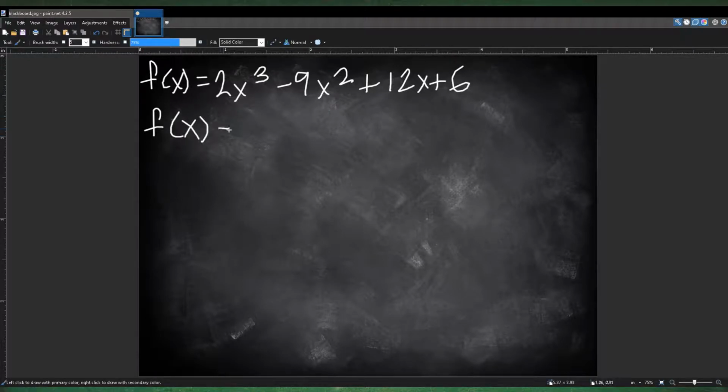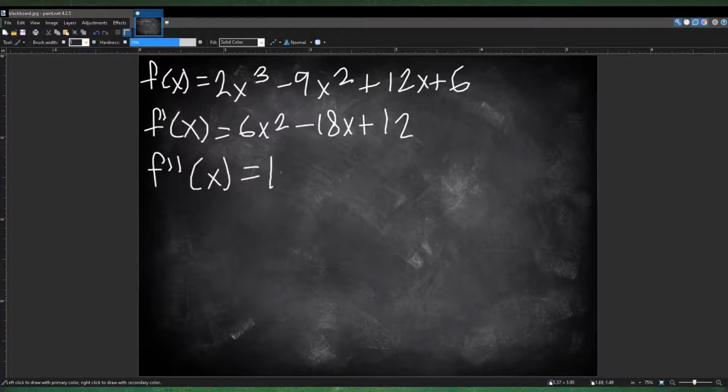Right? And now if we take the derivative of this, then we have 6x squared minus 18x plus 12. Now we take the derivative of the derivative, right? We have 6 times 2 is 12x. And the derivative of 18x is just minus 18.